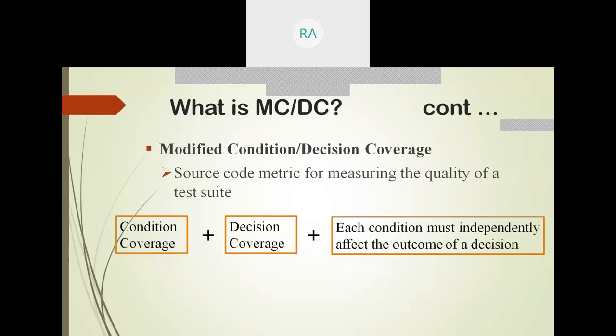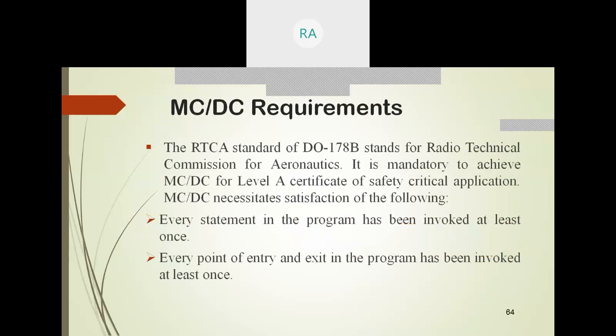So the name itself tells you, you need not memorize it, you have to just understand. See, what are the things I need to consider whenever I go for measuring MCDC coverage? I have to measure the condition coverage, decision coverage, and look for the condition which is independently impacting the outcome of a decision.